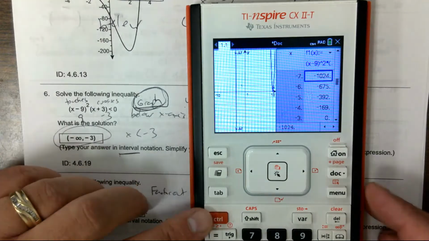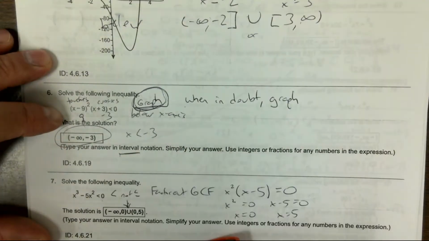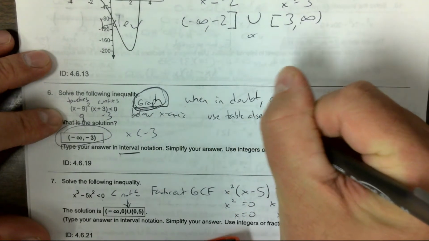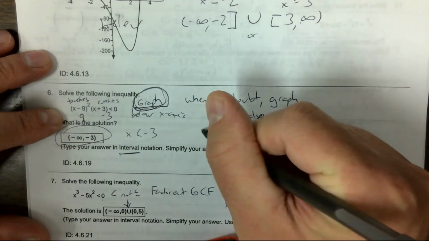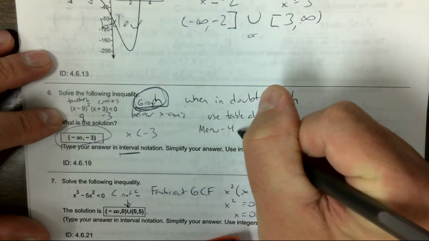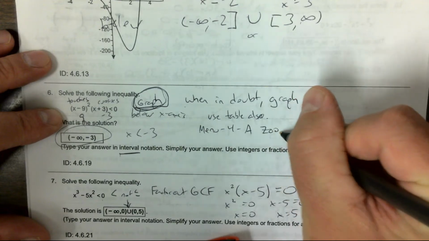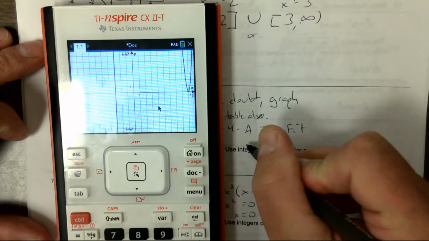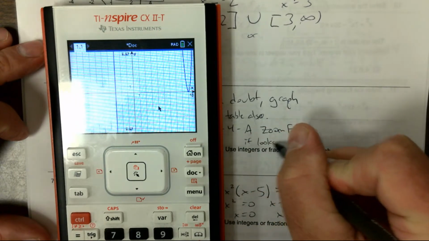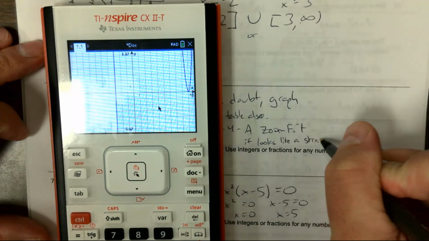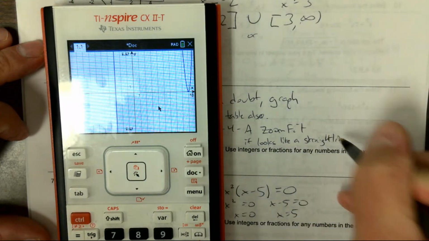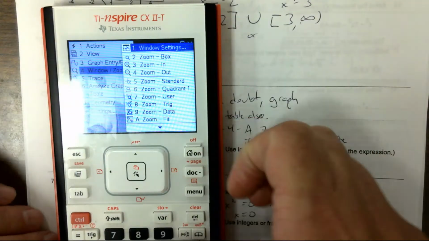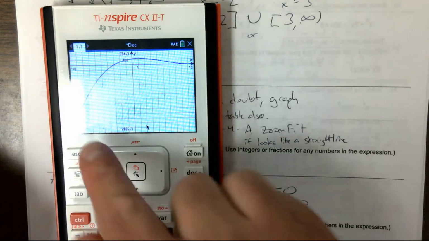Now the other thing, just one quick hint, besides using the table, is you can also do menu for A, which is zoom fit. I would recommend doing zoom fit if it looks like a straight line, because then you can see if it's a good graphing window, in other words, whether everything fits on the screen, and here it does.